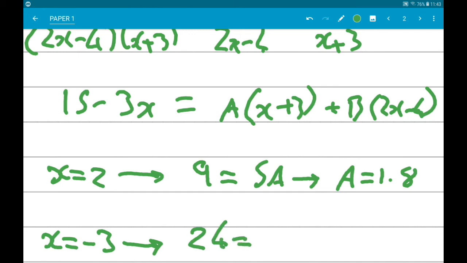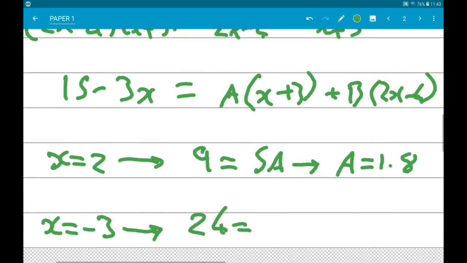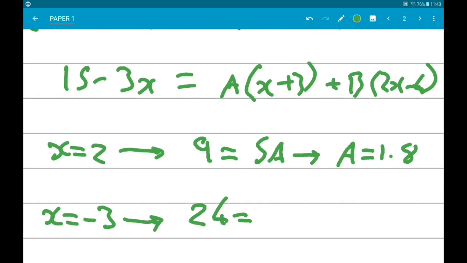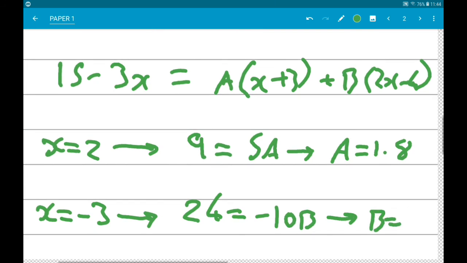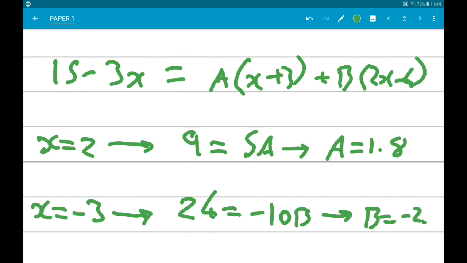Is 2, no it's not, sorry, 2 times minus 3 is minus 6, minus 4 is minus 10. So 24 is minus 10b. So b is minus 2.4.